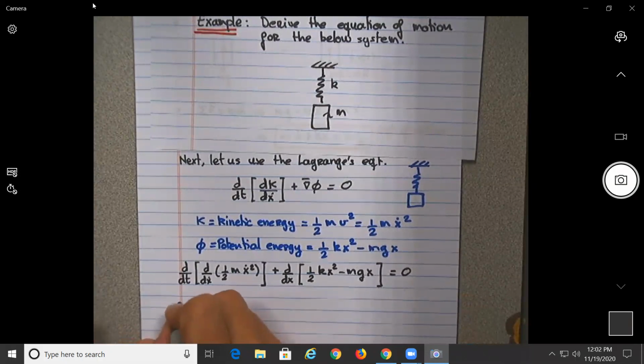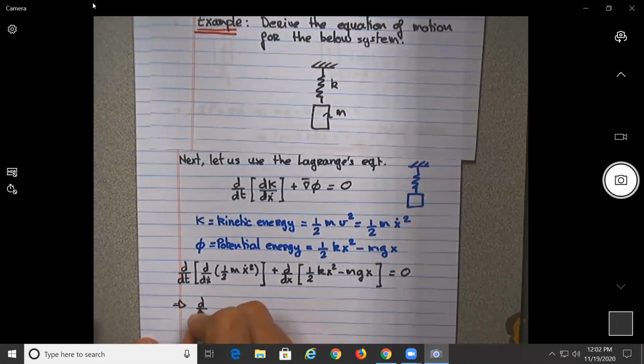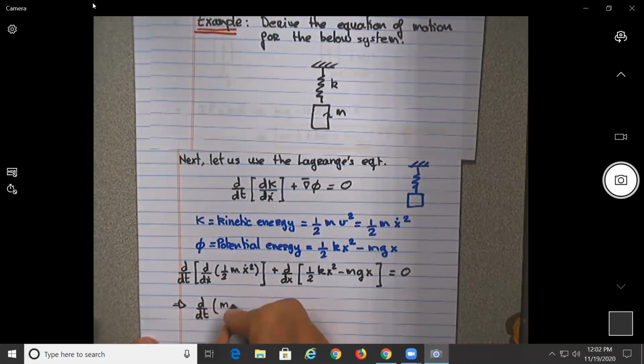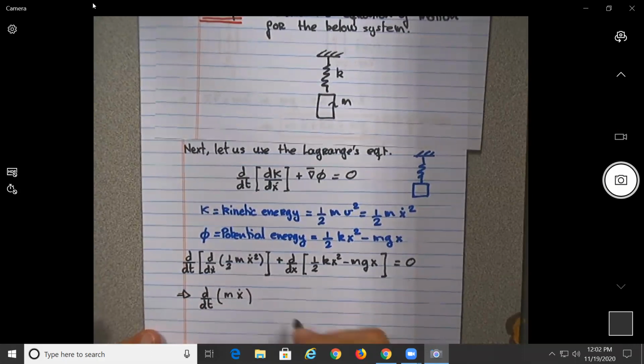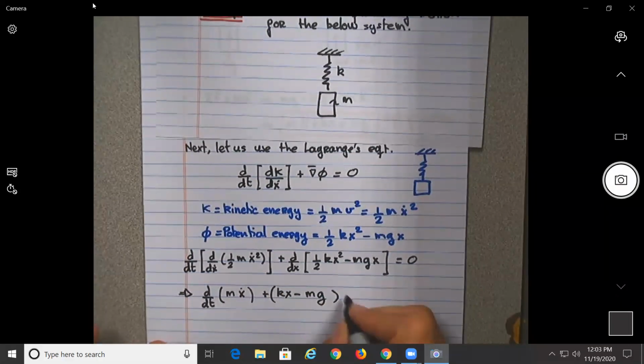So magically, I mean, not magically, but you say that this will be equal to what? Let's do it in two lines, d/dt. What are you going to get over here? That was just like the derivation. You're going to get m x dot, because the 2 will cancel, plus kx minus mg.